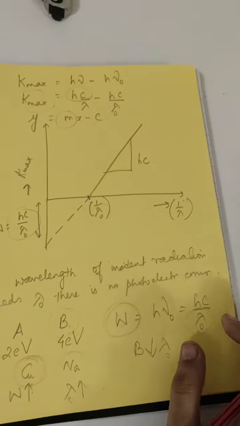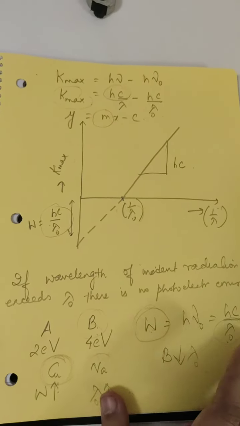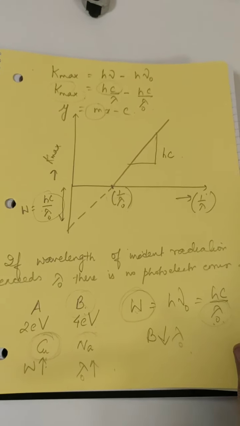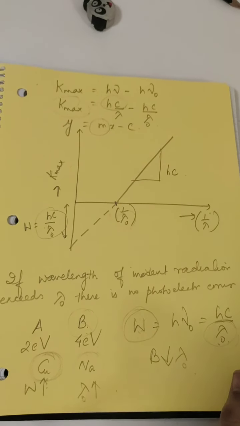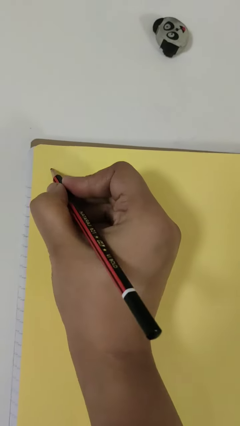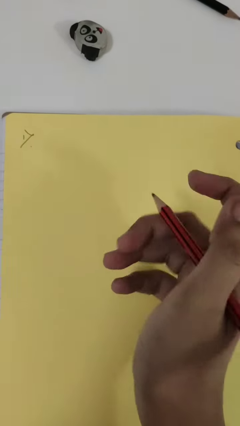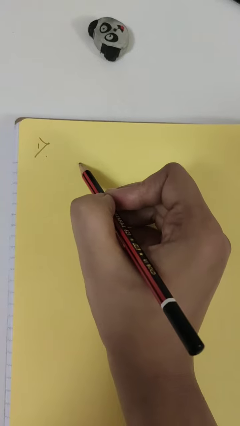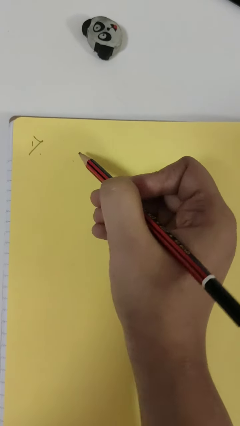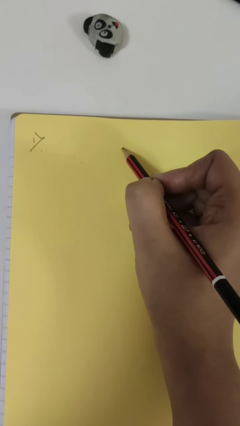Okay, so these are some of the questions that may come, and we will be doing 2 numericals, and we will end with this. And 2 important points have to be covered. First is the intensity of the incident radiation. If the intensity of the incident radiation increases, then it will increase the number of photoelectrons coming out of the metal surface.